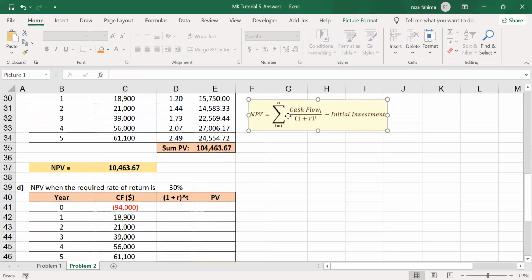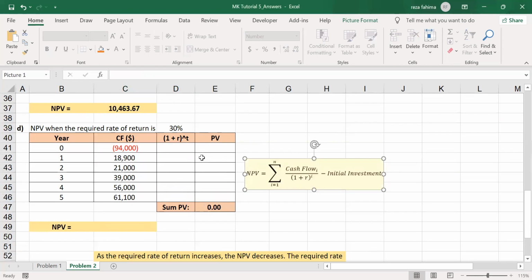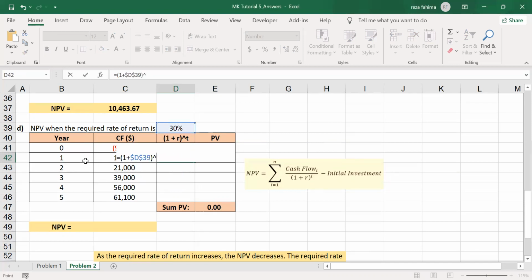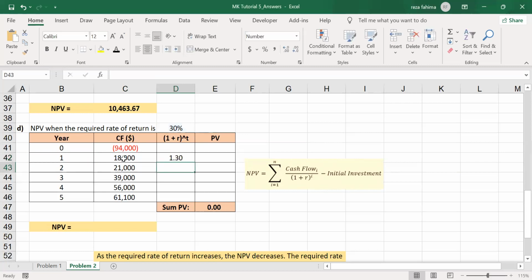And for the next question, point D, we are going to do the same again. After you write down all the given information, you calculate the denominator for each cash flow: 1 plus the rate, which is 30%, to the power of 1, since we're calculating the denominator for the cash flow for year 1, and then drag it.